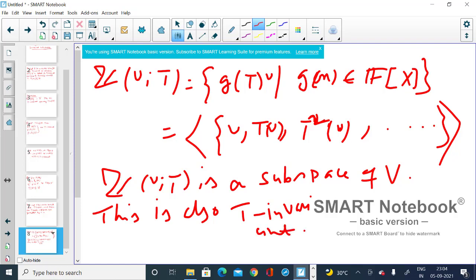And why so? Because T invariant means what? If you can show that the images of the basis elements are inside the space, then you are done, right?